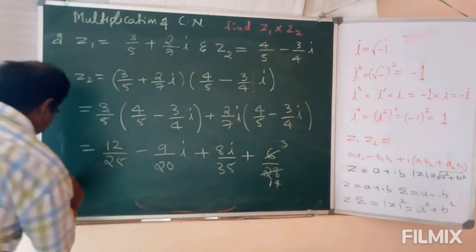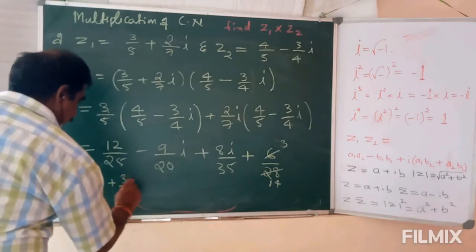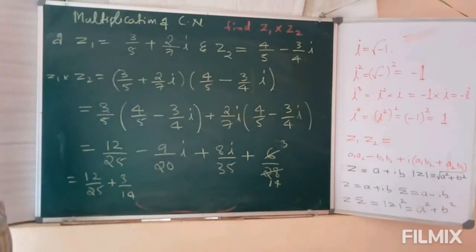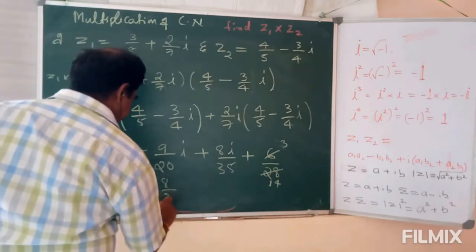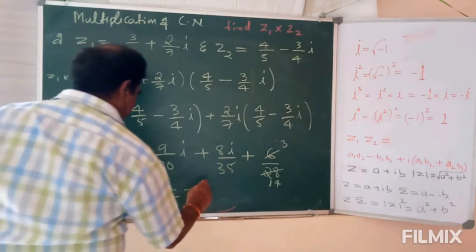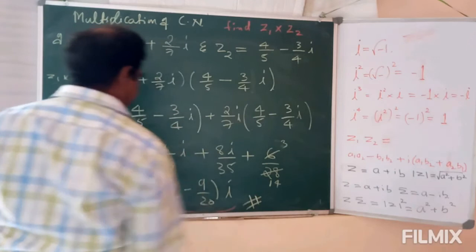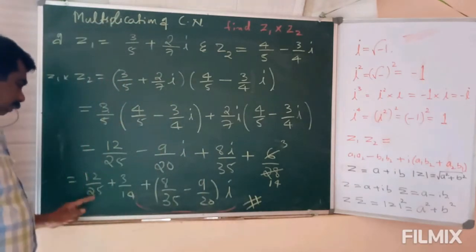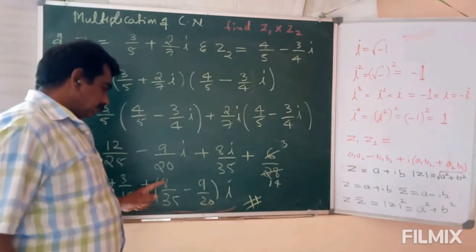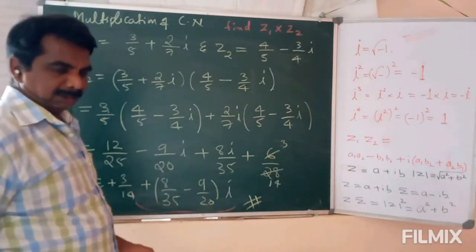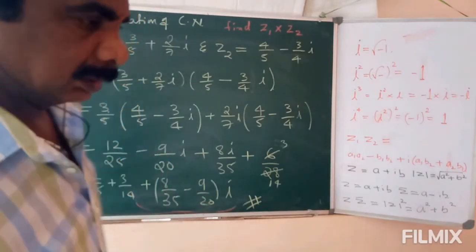That is 12 by 25 plus 3 by 14 plus 8 by 35 minus 9 by 20i. This is the answer, where the real part a is equal to 12 by 25 plus 3 by 14 and the imaginary part b is equal to 8 by 35 minus 9 by 20. This is enough, no problem for the higher standard. Don't want to simplify. Okay.